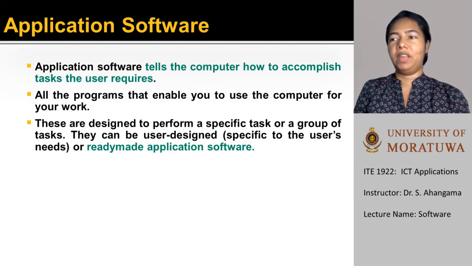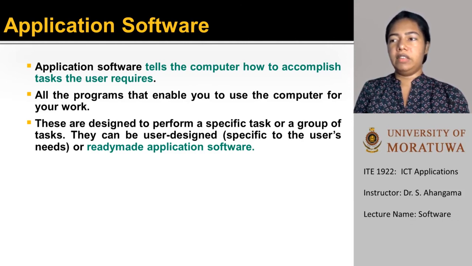Application software. Application software tells the computer how to accomplish tasks the user requires. They are created for specific tasks like creating documents, spreadsheets, databases, sending email, designing graphics.